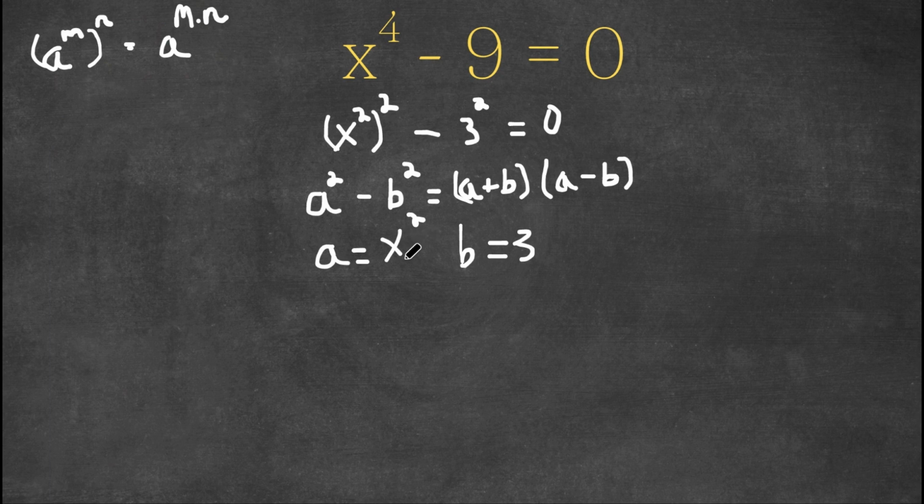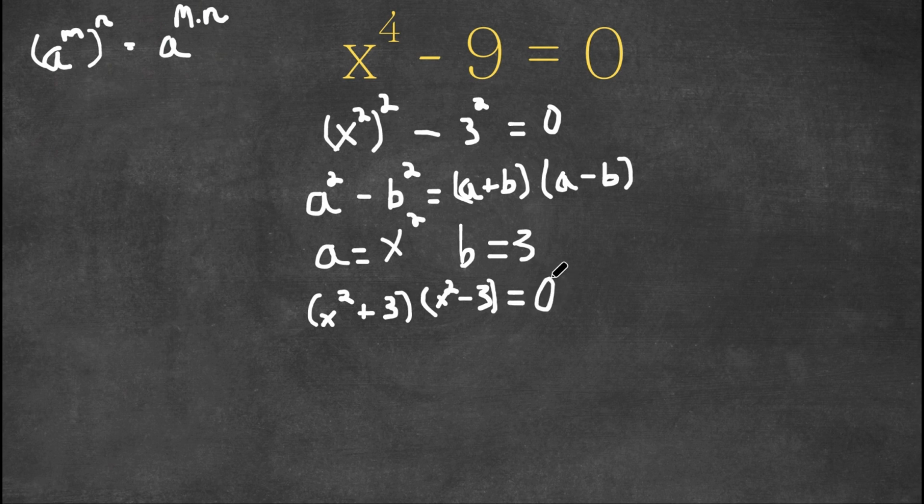So all we have to do is plug a and b into our expression, a plus b times a minus b. So a is x squared, so we have x squared plus b, which is 3, times x squared minus 3.